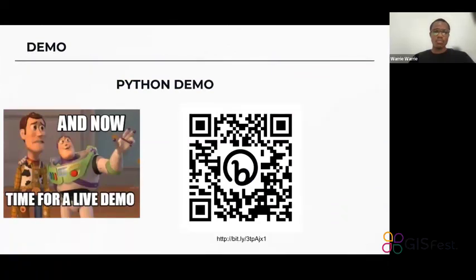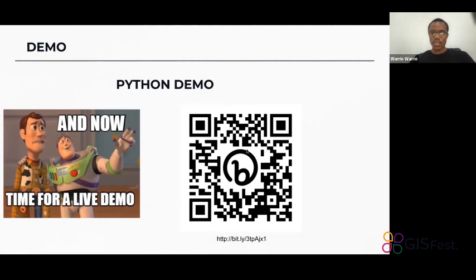Okay, so with that said, we are going to go to our demo section quickly. I'll take you through the demo of how you can create different vector data and raster data, load and read it, and also do some very simple analysis on it.